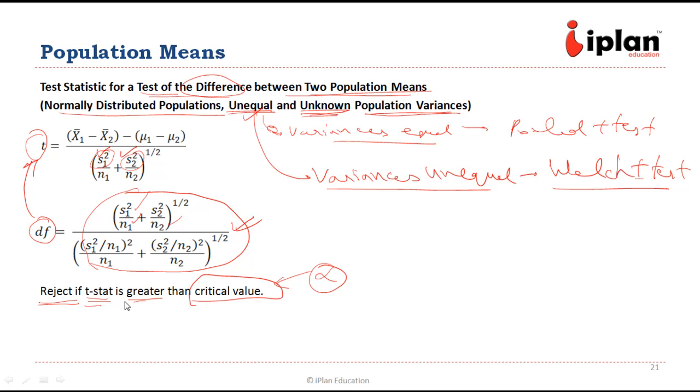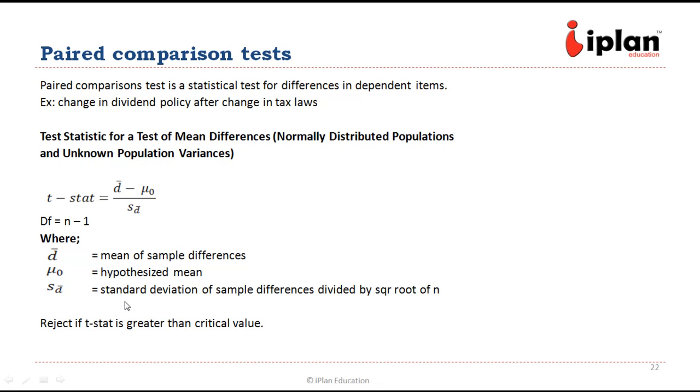Now let us look at one more variant of the t-test, which is called the paired t-test. This is the statistical test used to compare the differences in dependent items. For example, we are comparing the change in dividend policy after a change in tax laws. So in this case, we do not have many companies.